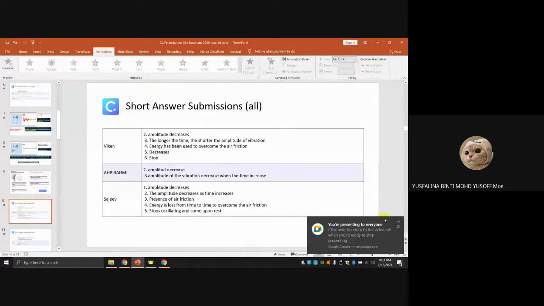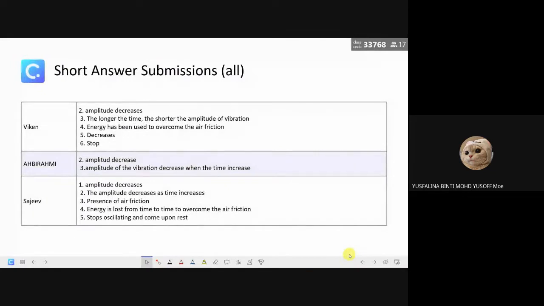Okay, so this is your answer. Amplitude decreases. The longer the time, the smaller the amplitude of the vibration. The energy has been used to overcome the air friction. It will decrease, and it will stop. Number two, amplitude decreases when the time increases.